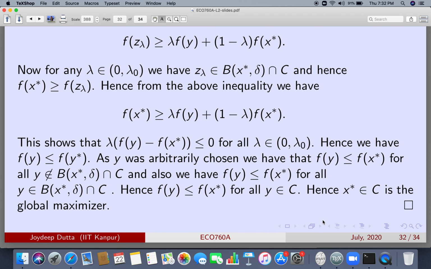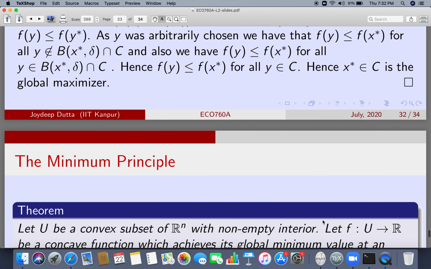Now comes a very important result. This result, which we will call the minimum principle, has a quite similar sounding name to a result in complex analysis. If you do not know the history, there is a famous book called Convex Analysis by R.T. Rockafellar, who is one of the legends of optimization and convexity.